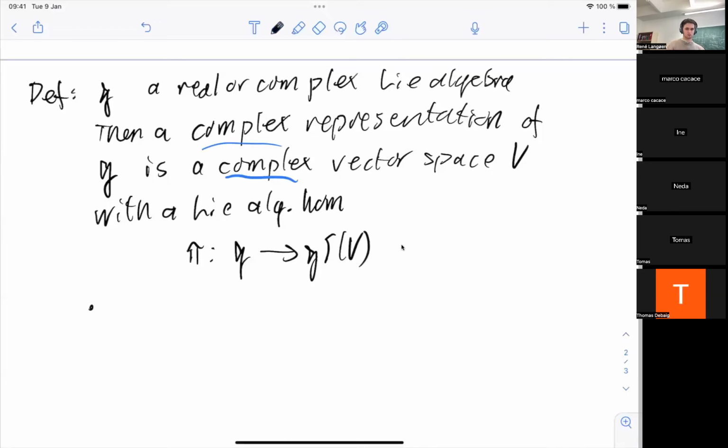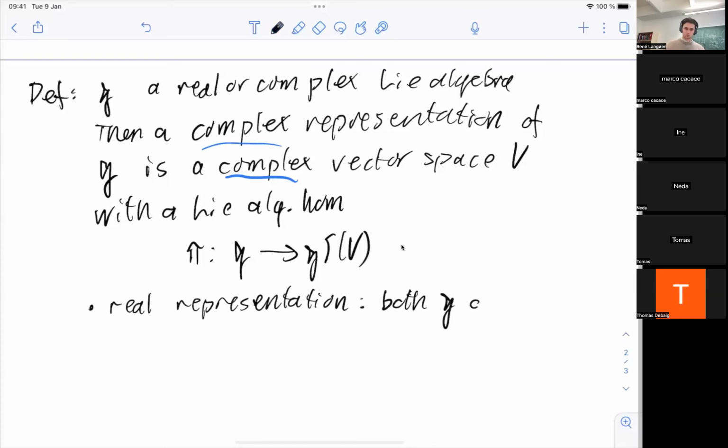Whereas for a real representation, you need that both g and, no, sorry, and V are real.